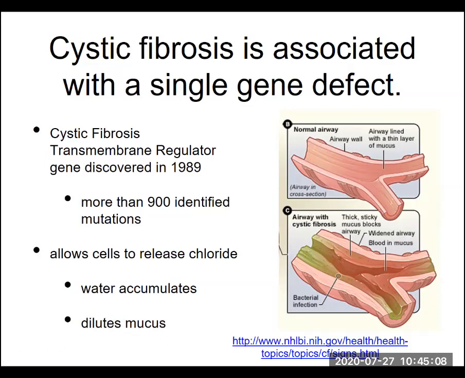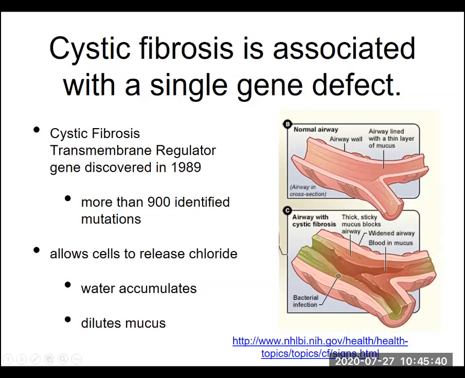Again, it's a mouthful in the name, but it allows these cells to pump chloride into the airway passage. That chloride is like a little bit of salt, and that salt is going to cause water to draw into that region and dilute it away. So we're going to have water accumulating along this moist surface here.